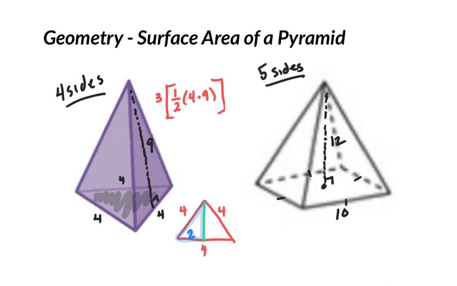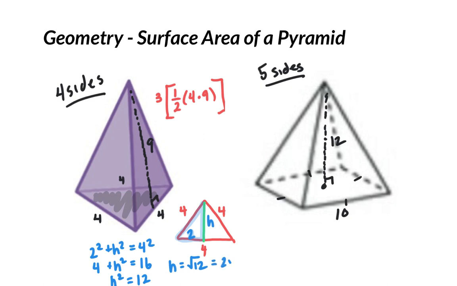So I can solve for this missing height by doing 2 squared plus the height squared equals 4 squared. Squaring the legs and adding them up will equal the hypotenuse squared. So squaring those things, subtract 4 from both sides, and then take the square root. The height is the square root of 12.